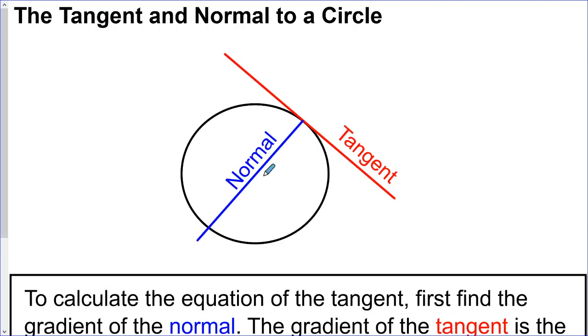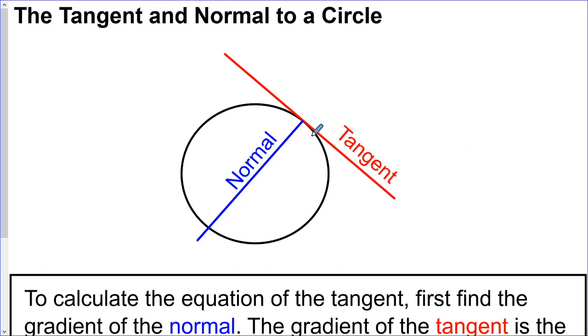So this part of the chapter is all about finding tangents to circles. We may have the equation of a circle given, or we may be told whereabouts it is, and we want to find the equation of the tangent. So the way we do that is we start with the normal.